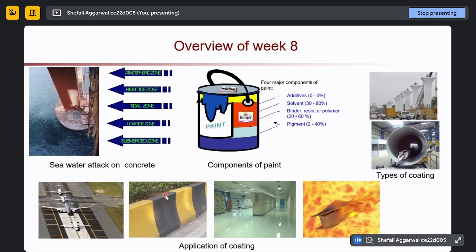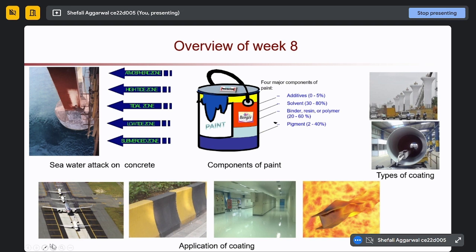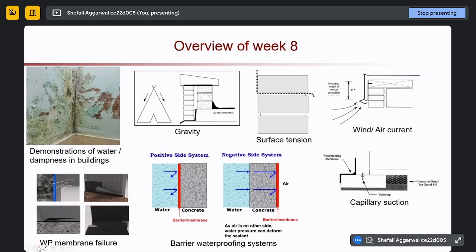Then for curbs and road surfaces, what kind of coating is used. These are the different coatings for floors. And then you might have studied the different coatings which can be applied for fire resistance. So this is mainly about the coatings of concrete surfaces.